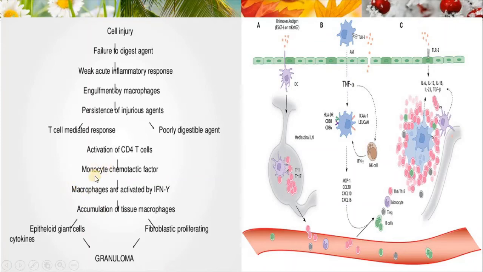So one invites another: T cells invite macrophages and macrophages in reverse invite T cells, and their accumulation ultimately forms a granuloma, where the macrophage becomes more modified, known as an epithelioid cell. Some of the epithelioid cells are characterized by multinucleated giant cells known as epithelioid giant cells, and the surrounding area is covered by fibroblastic proliferation.